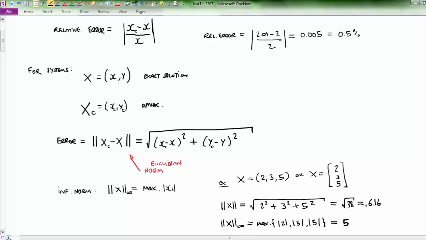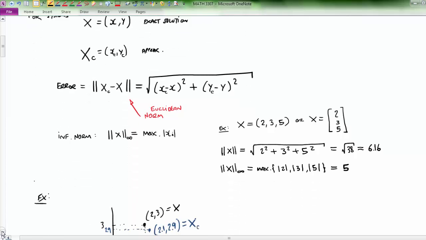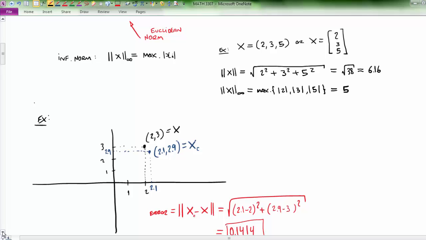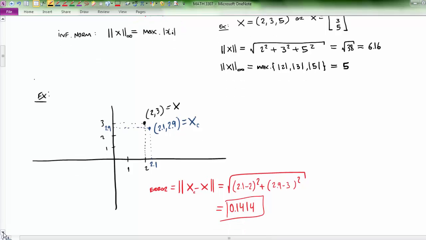So the infinite norm is easy to compute. Now the norms are different, the values that you get are different. But that's okay, that's how we define the infinite norm. And then just to illustrate the Euclidean norm, so here's the exact solution, 2, 3, and then here's an approximate solution.